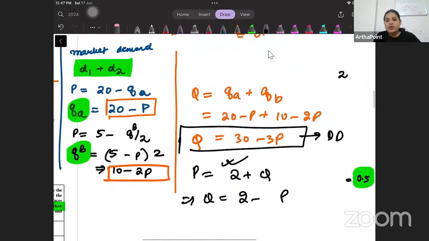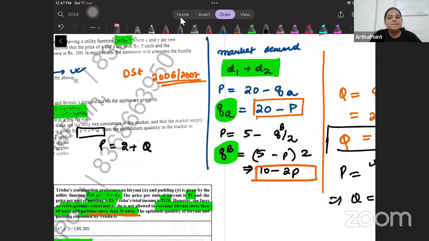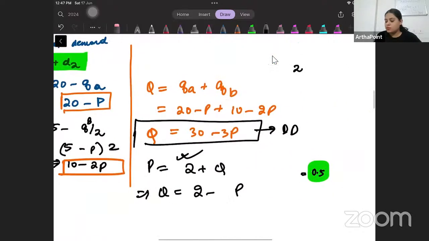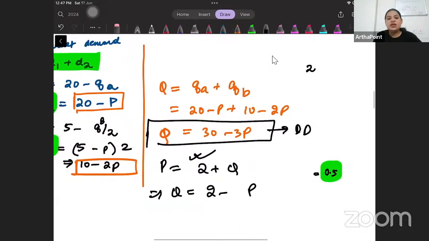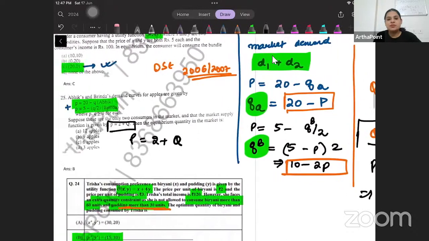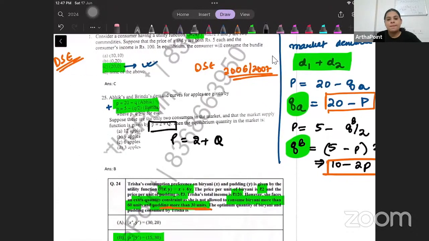So what is important here? Both are equal to P, so can I equate this directly to this? No, we can't do that, right?